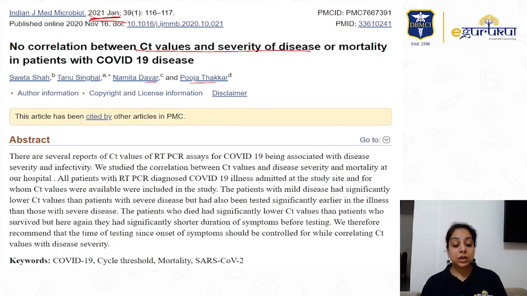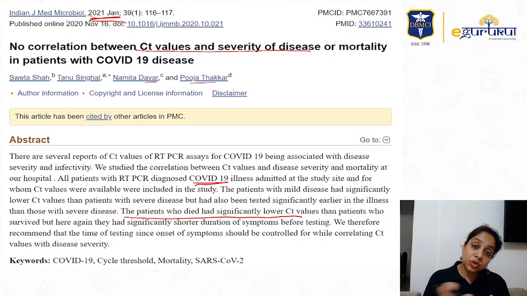How come the CT value is not related to the severity of the disease? They have run a test on the COVID-19 patients, right? They say that patients who died had significantly lower CT value. That is okay. Then patients who survived, but again they had significantly shorter duration of symptoms before testing.